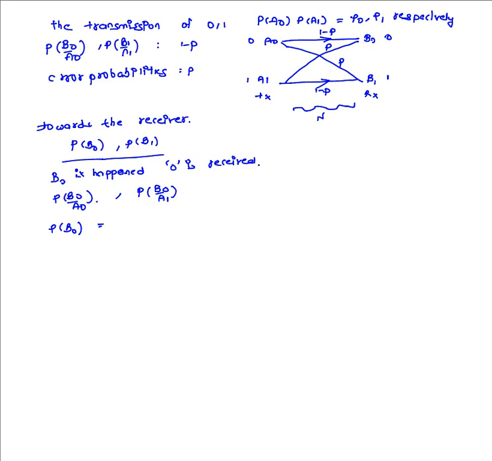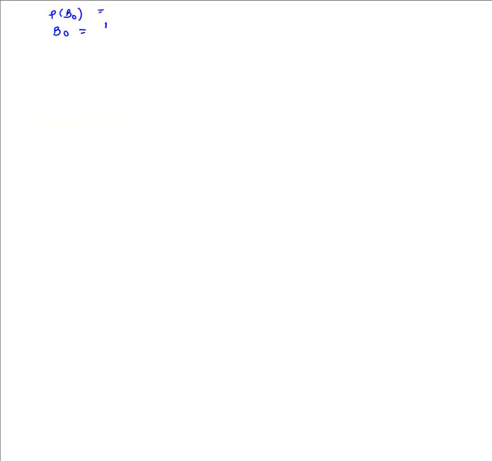So even before going to probabilities, I can write b naught as b naught intersection a naught and b naught intersection a1. So b naught has intersections with a naught and a1, where b naught happens when a naught has happened, and also b naught could happen when a1 has happened.